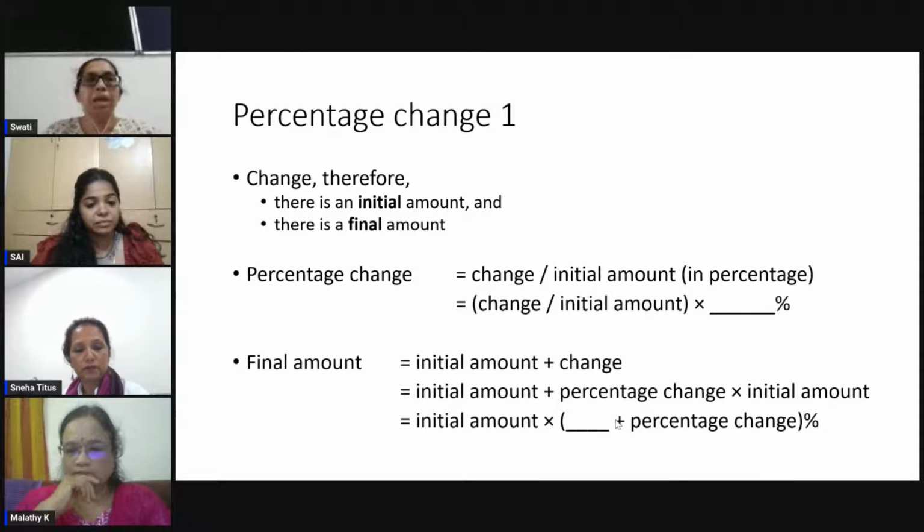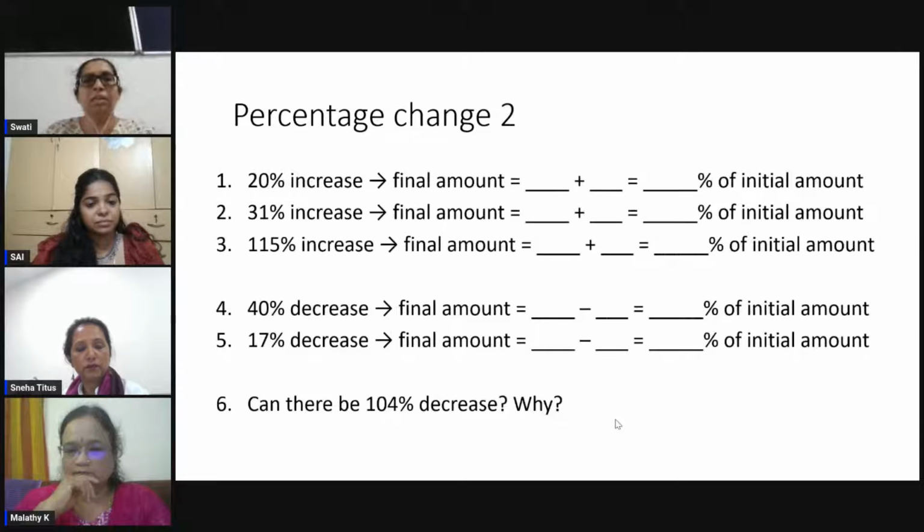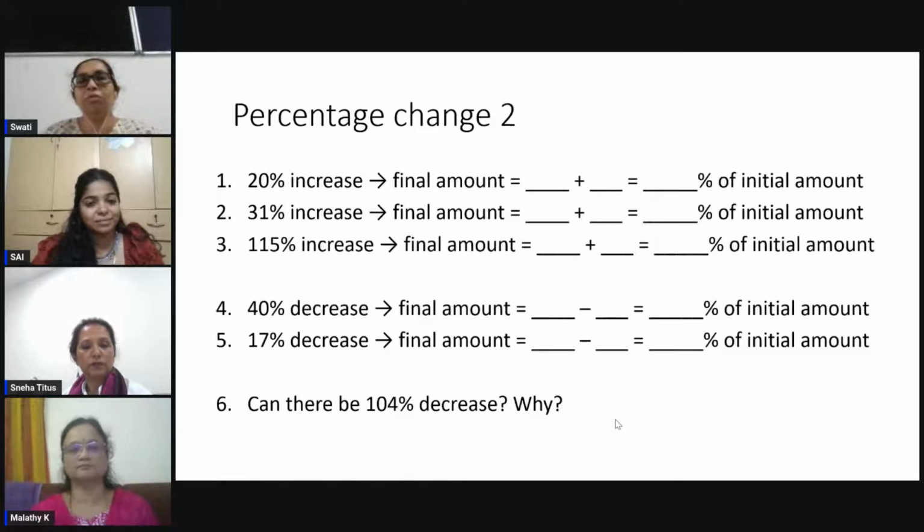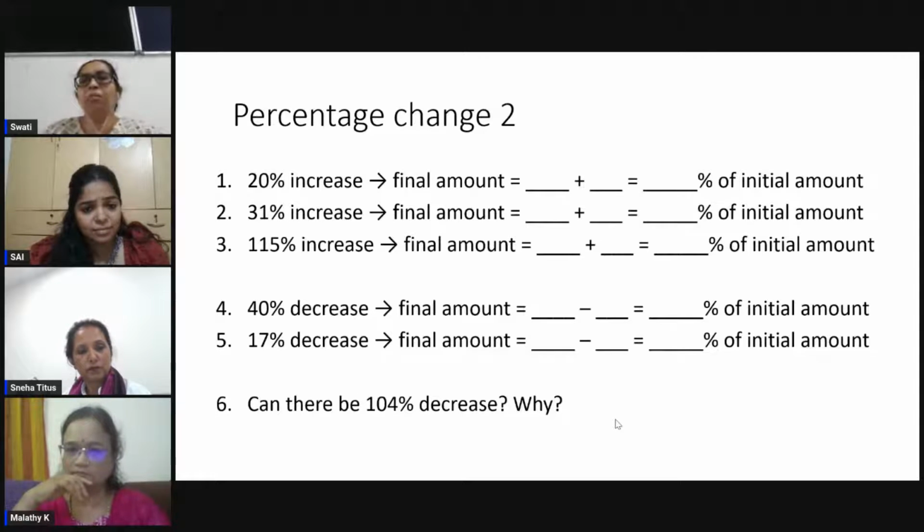And once this is there, you can try to figure out, okay, 20% increase means the final amount is what percentage of the initial amount. Or if there is a decrease, then the decreased amount is what percentage of the initial amount.